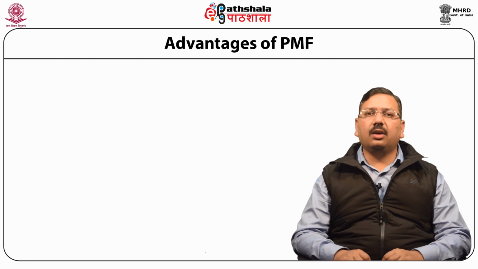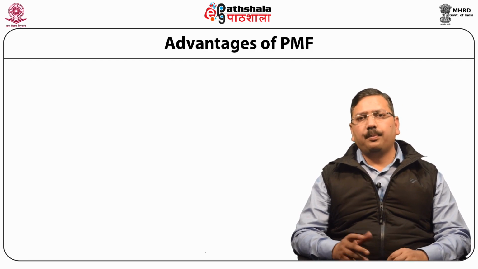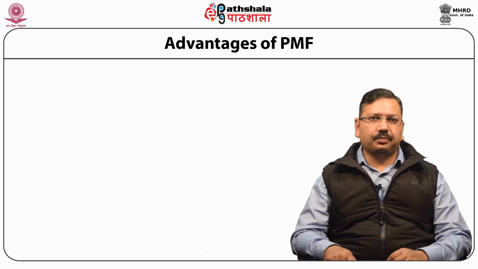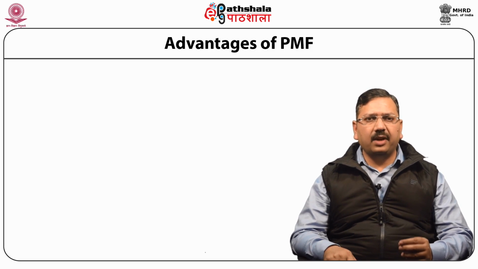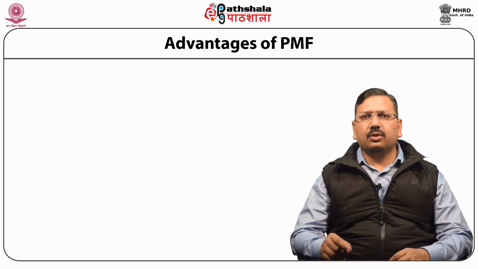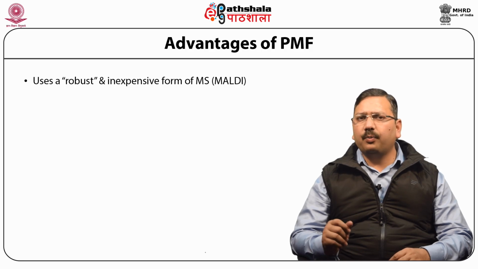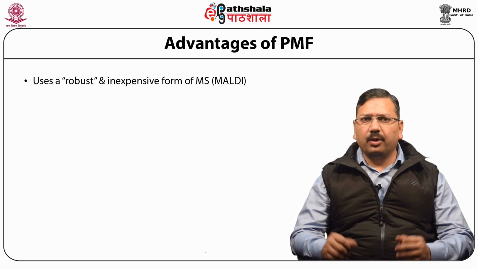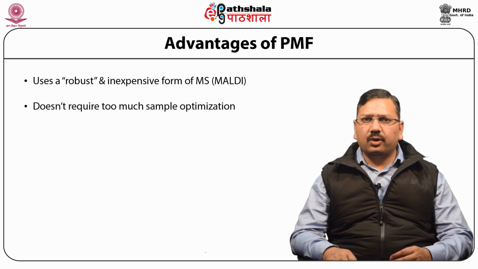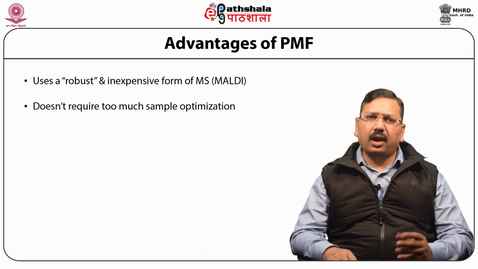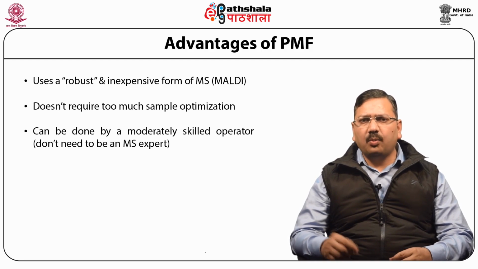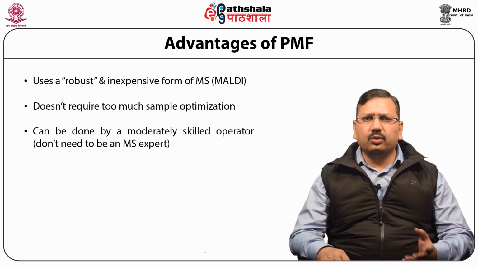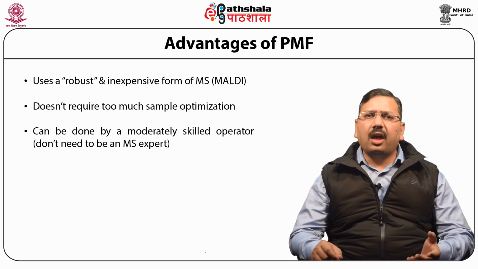Now, coming to the advantages of peptide mass fingerprinting. It uses an inexpensive form of mass spectrometer, and it's very robust. It does not require too much sample optimization, and it can be done by a moderately skilled operator. It does not require an MS expert.